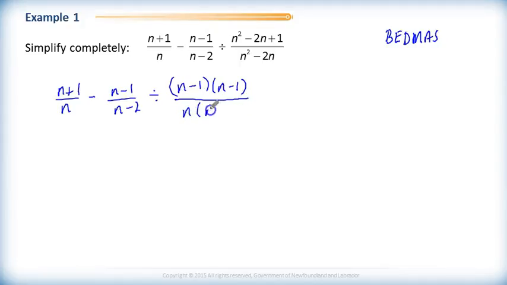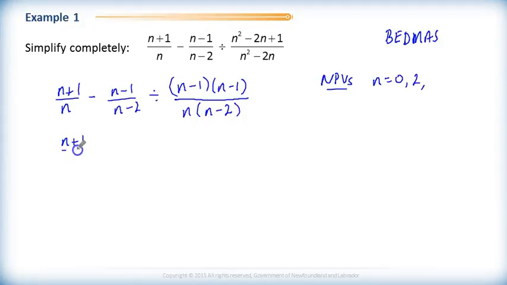We have n outside of n minus 2. So our non-permissible values, I'll abbreviate that so far, are n equals 0, n equals 2, n equals 0 again, and another n equals 2.